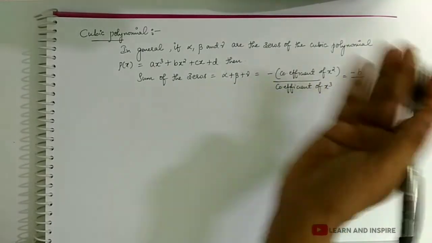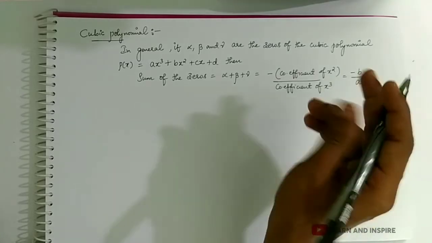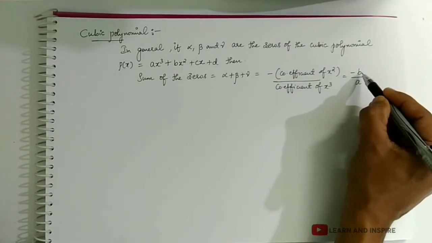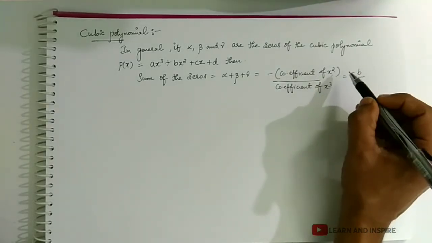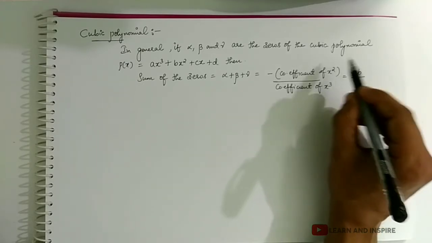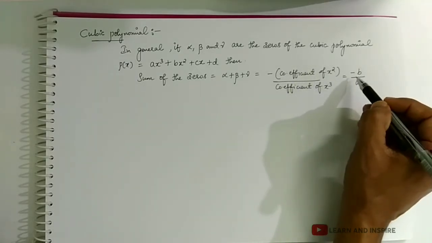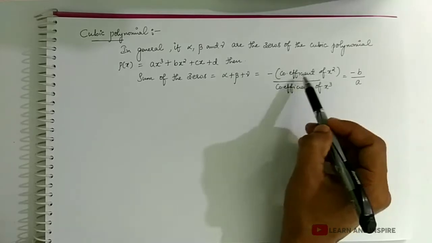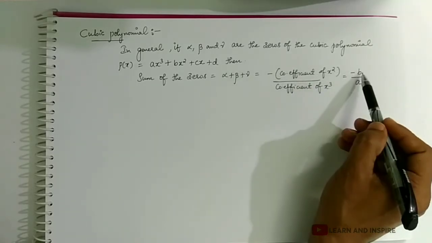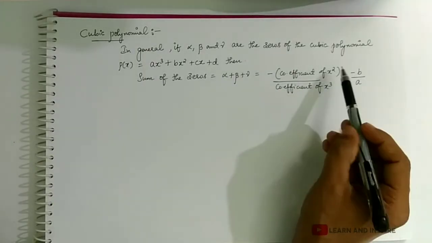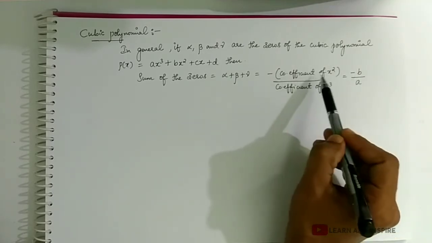This is the same formula as in a quadratic polynomial, but you have to remember that in a quadratic polynomial b is the coefficient of x, whereas in a cubic polynomial b is the coefficient of x square.